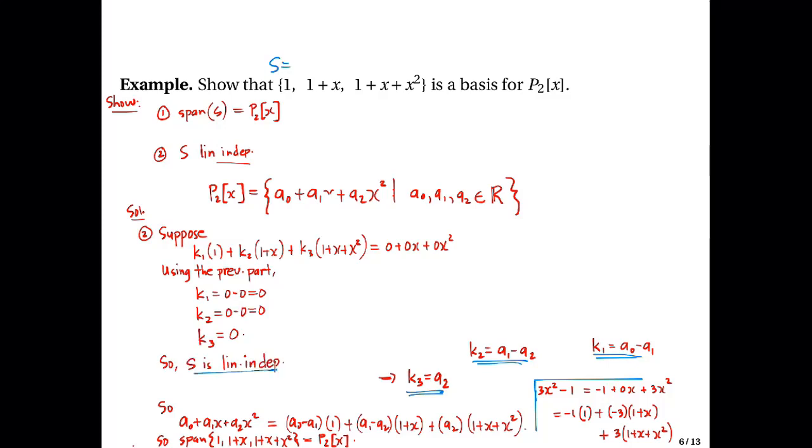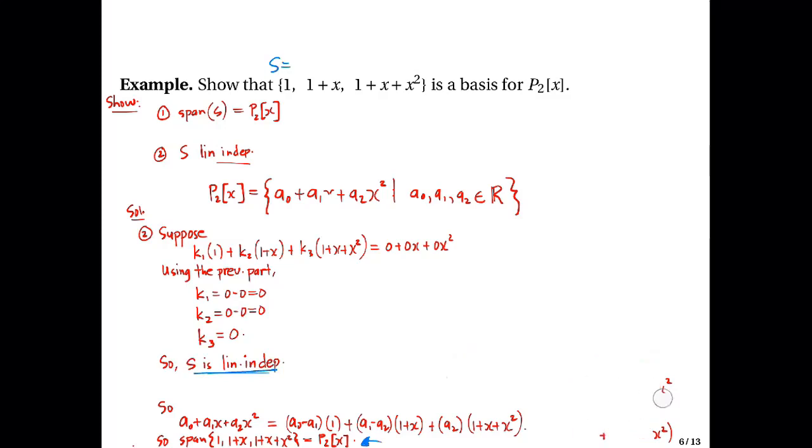So linearly independent, spanning is equal. Okay, this guy here. So we conclude that S is a basis. Okay, we conclude that S is a basis.